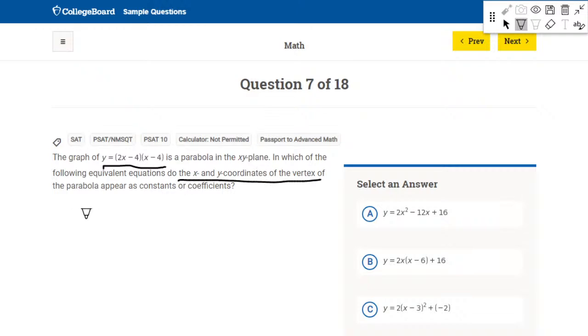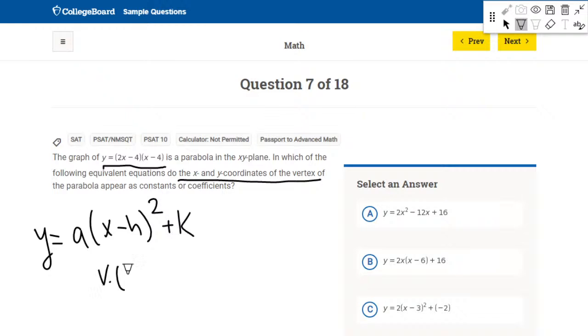And for that we write this form: y equals a multiplied by x minus h to the power of 2 plus k, so that the vertex coordinates would be h and k. So we just need to rewrite this in this form.